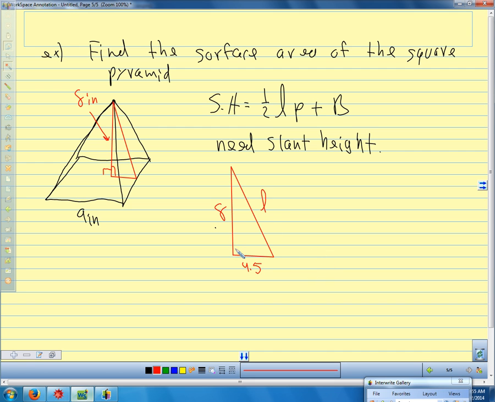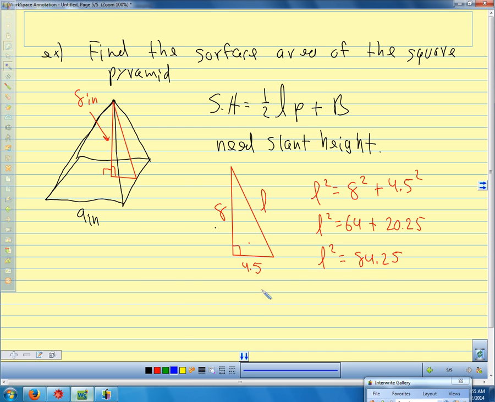And now we can use the Pythagorean theorem on this triangle. So we just have to do a little bit more work. We know that L squared equals 8 squared plus 4.5 squared. So L squared equals 64 plus 20.25. 4.5 squared is 20.25. L squared is 84.25.